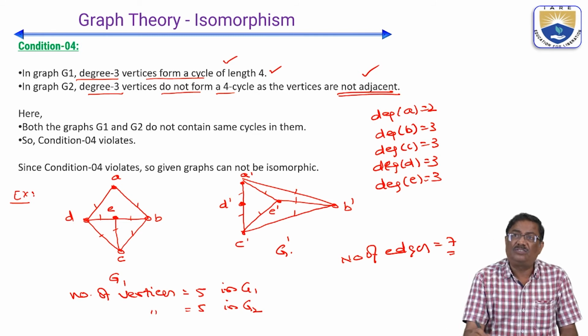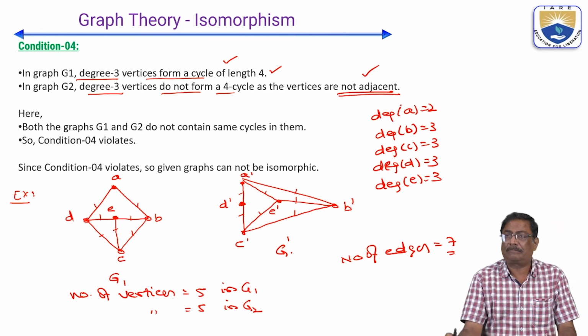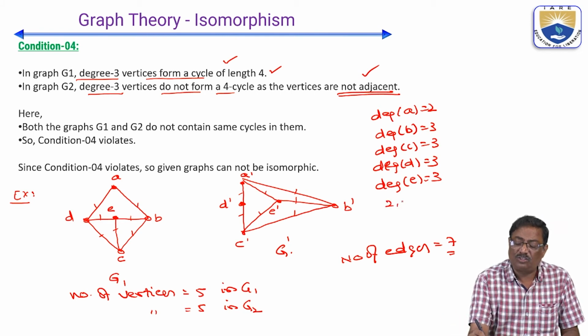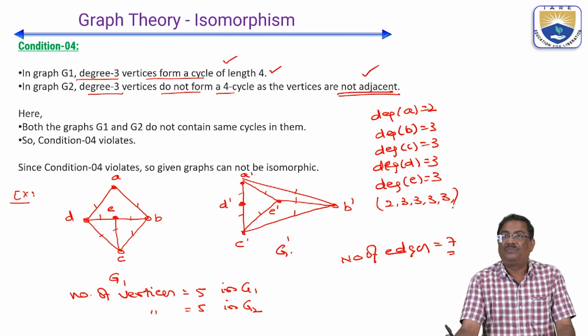So the degree sequence is 2, and the remaining are all 3, for the 5 vertices. So the degree sequence is 2, 3, 3, 3, 3. This is the degree sequence for G1.